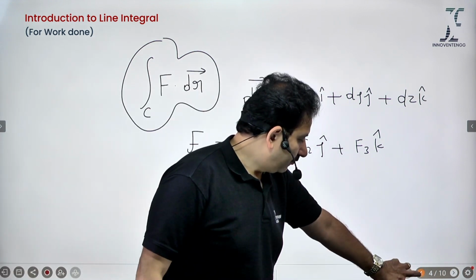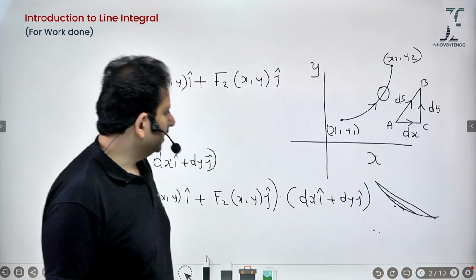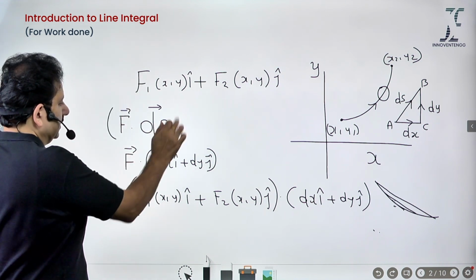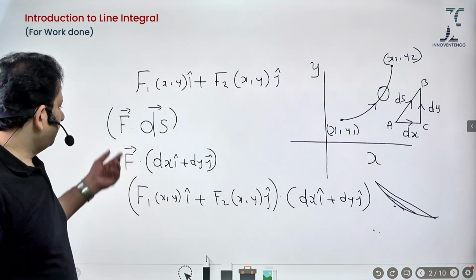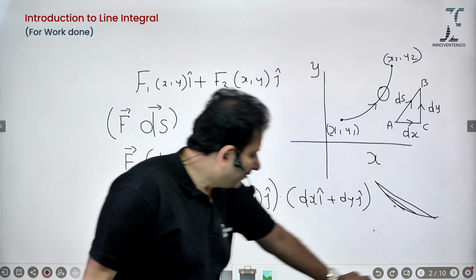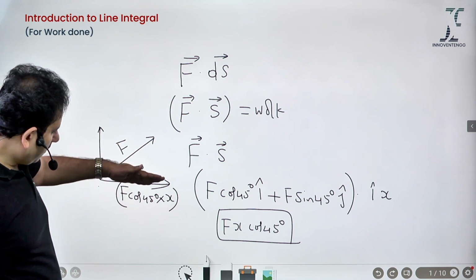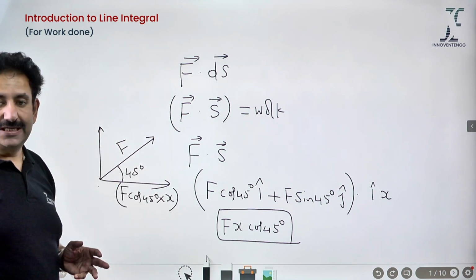So let me walk you through what exactly we did. We started with the idea of work done, which is nothing but the scalar or the dot product of force and displacement. We made it very clear that unless force has a component along displacement, the work done is 0.